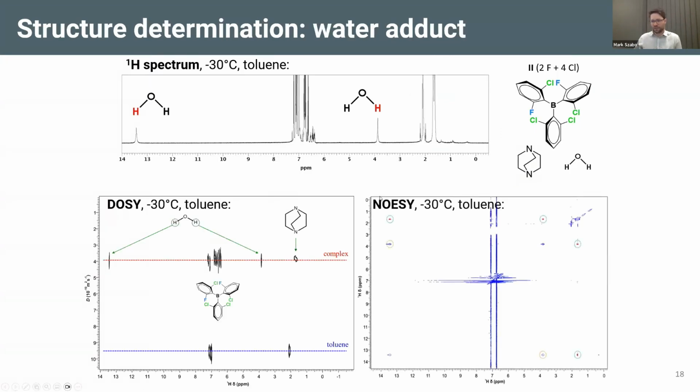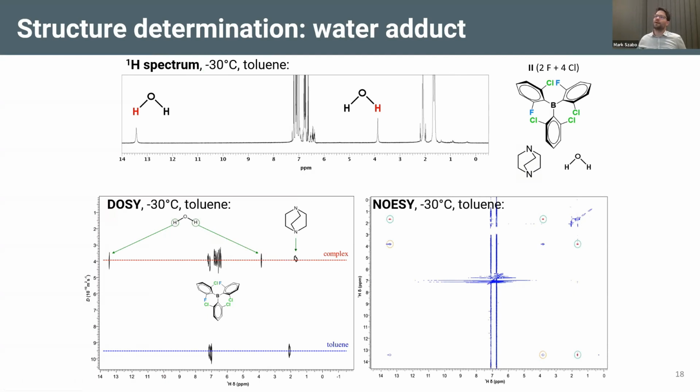So this is, for example, a DOSY spectrum. So it's nice because, this is actually like chromatography. So you can see that the solvent toluene and the signal of toluene is at a different position in the Y scale than the signal of the complex.